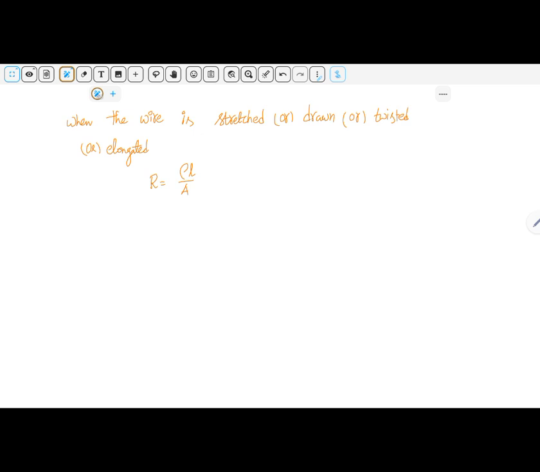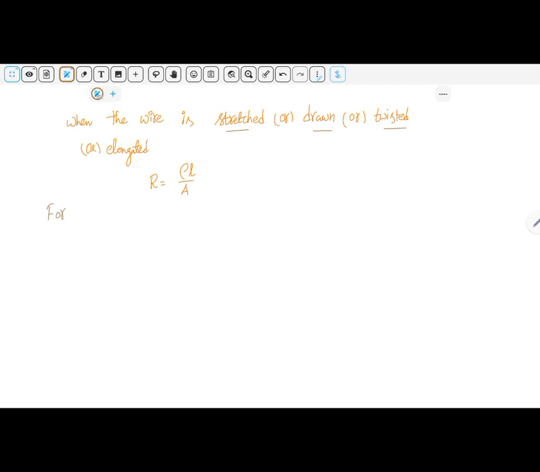If the wire is stretched, the length will increase. If the length increases, the area of cross section should decrease so as to maintain the volume as constant. Therefore, first I am deriving the percentage change in resistance for change in length. So this is the case of stretched, drawn, twisted or elongated.